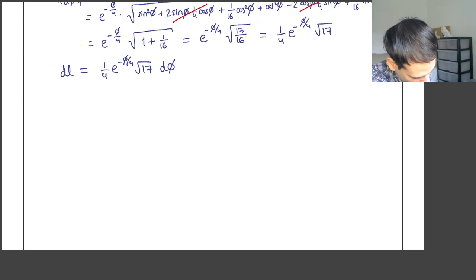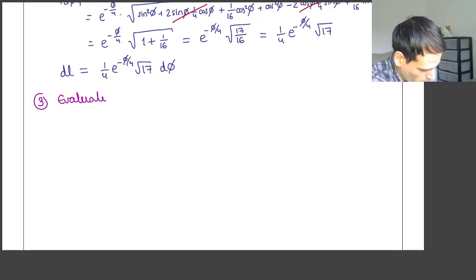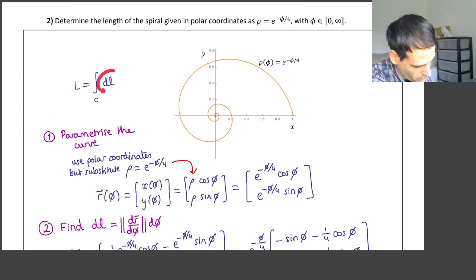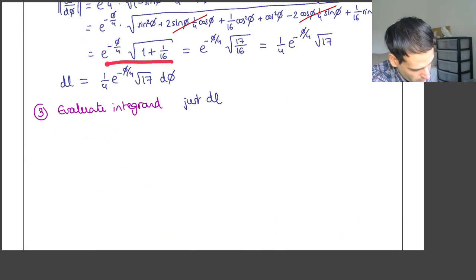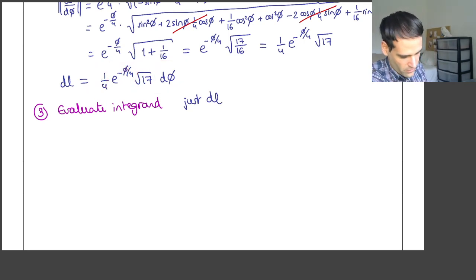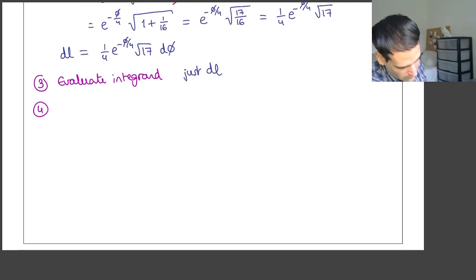So step 3, evaluate the integrand. So it's just dl. That's the only integrand we have. We don't have a function there. We just have dl. And dl is already written only in terms of the parameter phi and using constants. So everything is ready. So step 4 is calculate the integral.